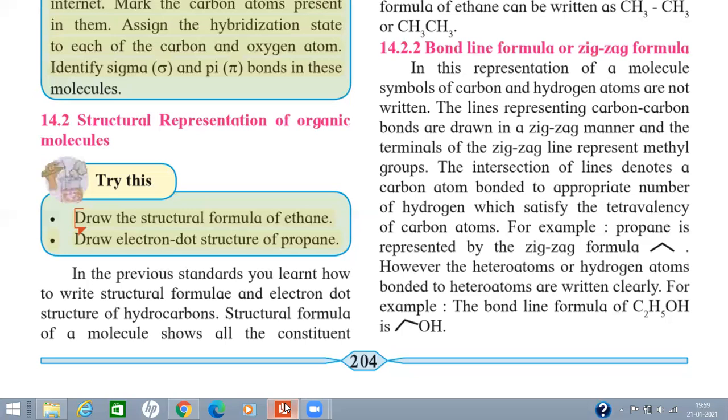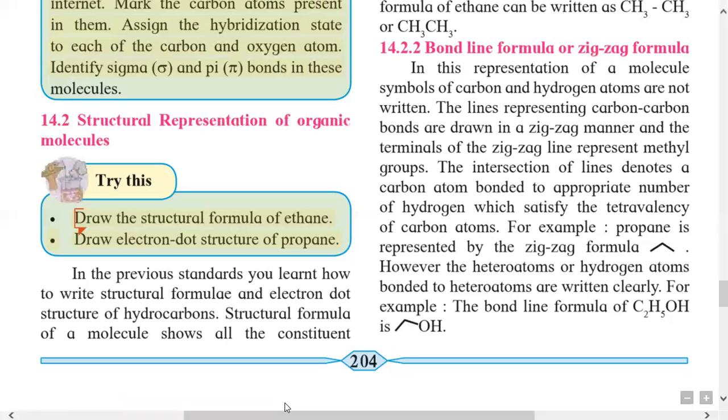For example, propane in the zigzag formula can be written as this type of line, that is one line, and there is one angular line. Here the single line indicates one carbon atom.